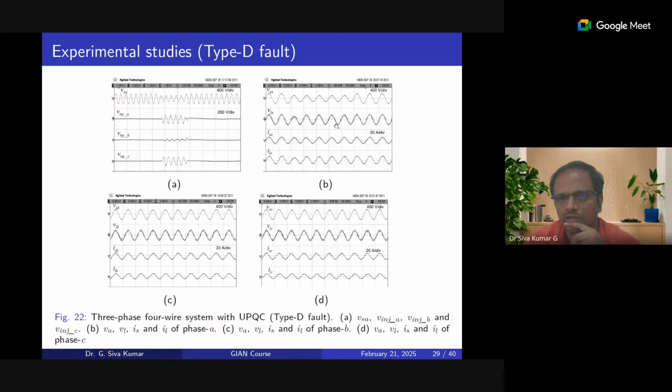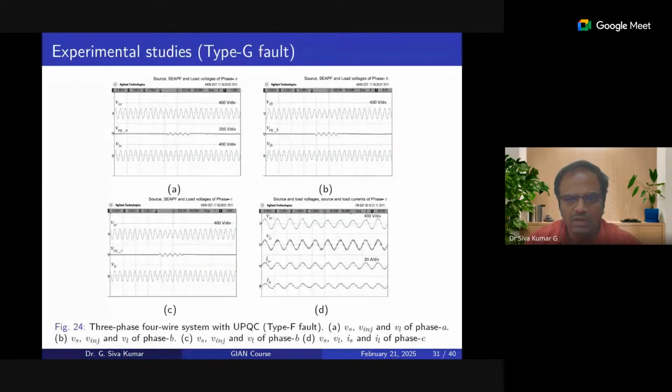The low voltage has been brought to the required load voltage, and you can see that all the time your source current is sinusoidal and also in phase with your source voltage. That observation can be made for all the other phases, B phase and C phase.